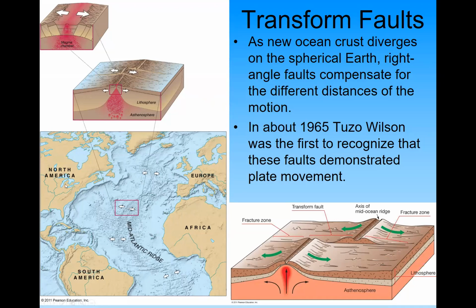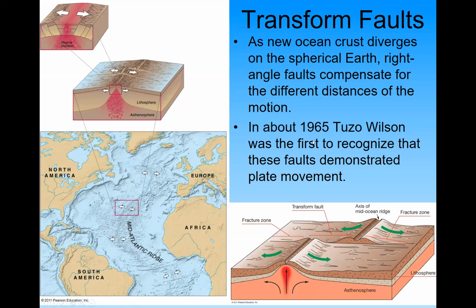So transform faults accommodate this shift or this growth of new ocean seafloor along the mid-ocean ridge. And according to the theory and according to our understanding of how physics works, we could predict that these transform faults would have to be at right angles, more or less, to the axis of the mid-ocean ridge.